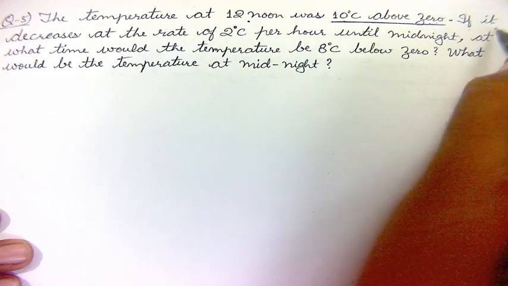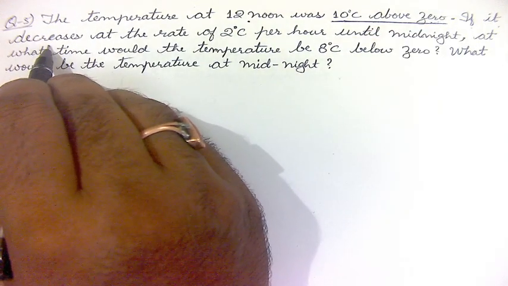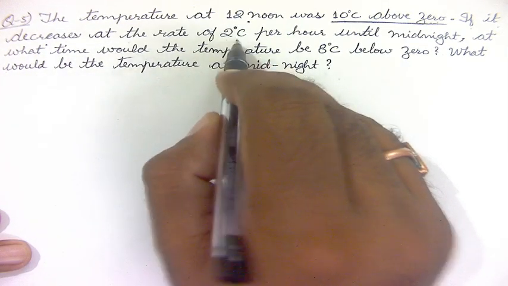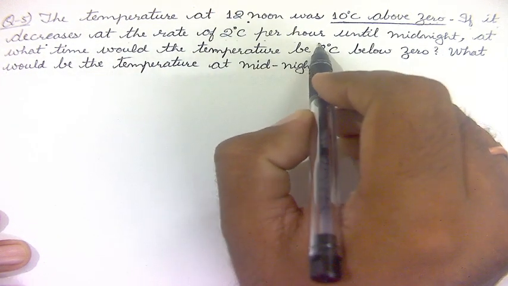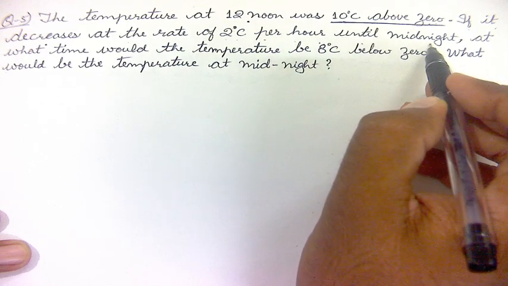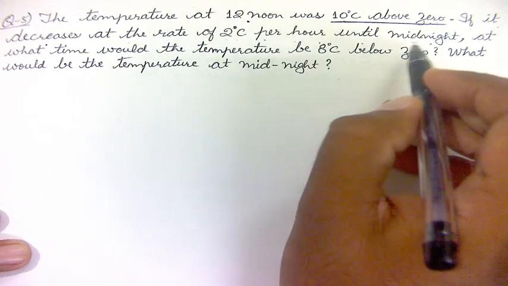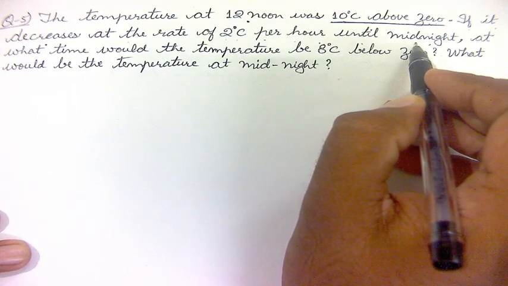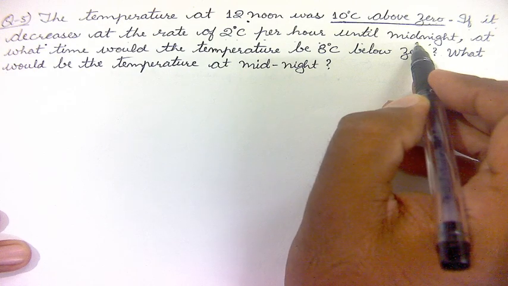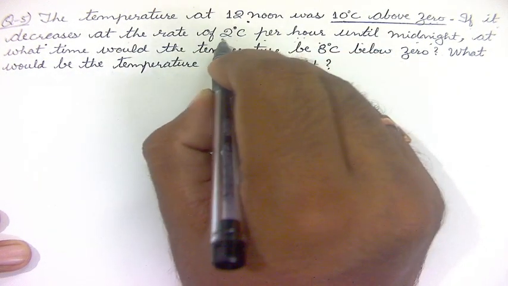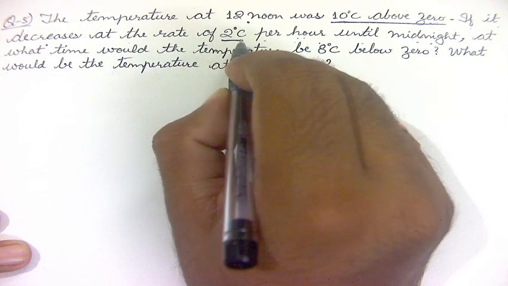Now it is decreasing at a rate of 2 degrees Celsius per hour until midnight. Midnight means 12 in the night. This is 12 in the afternoon, and that is 12 in the night, known as midnight. So every hour, the temperature decreases by 2 degrees Celsius.